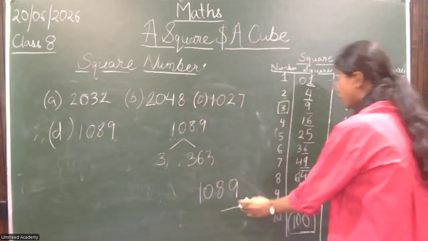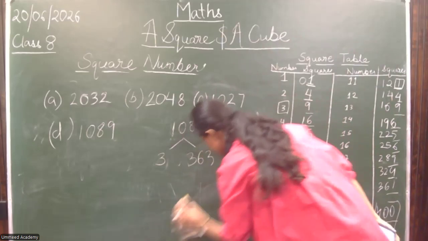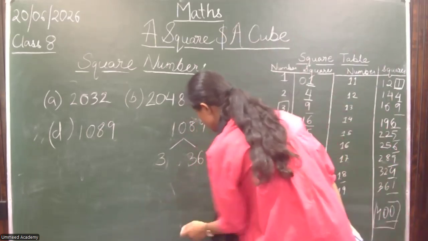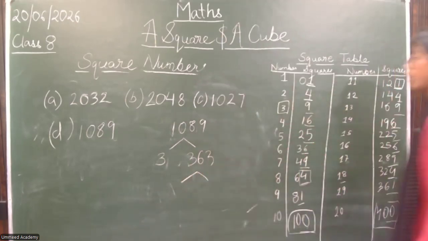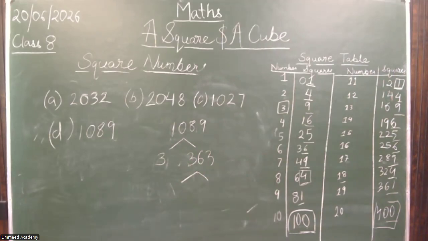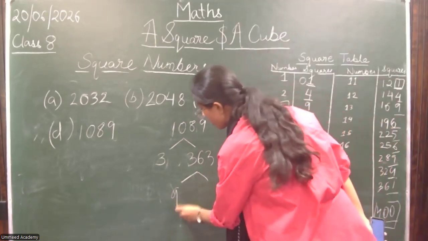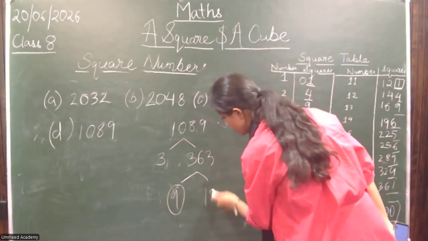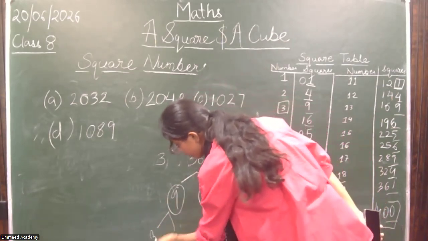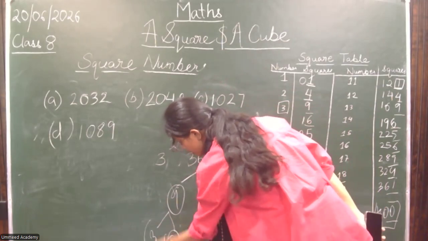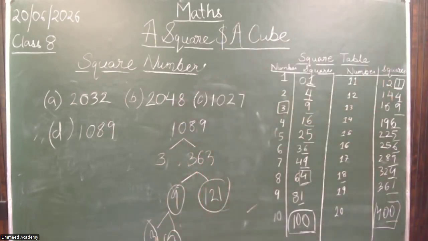Okay, now on prime factorizing 363, what will we get? 3 into 121. So 9 into 121, and then we can further factorize 9 into 3 into 3, right? Yes, ma'am.